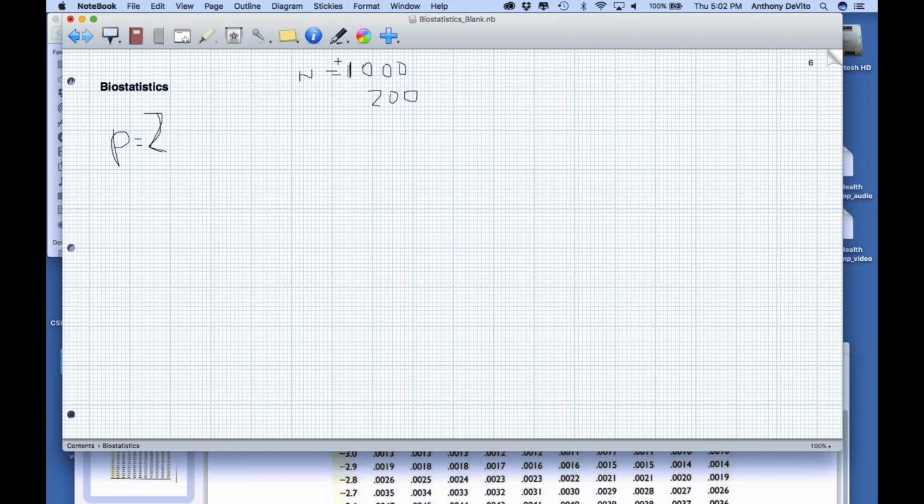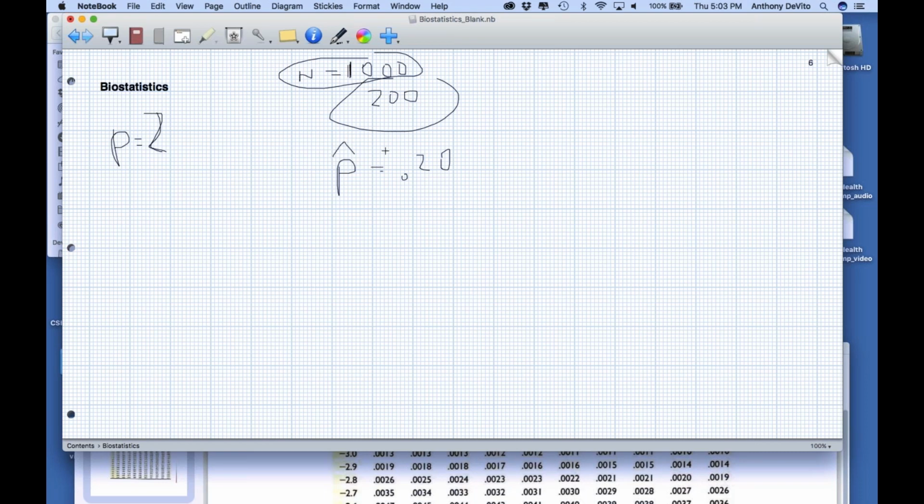However, what I do know is I randomly sampled 1,000 people. 200 of them told me they had a flu shot. So I'm going to say our sample proportion is equal to 20%, 0.20. That's our sample proportion. Remember, like with x-bar, we distinguished it from the population mean by putting a bar across the top.